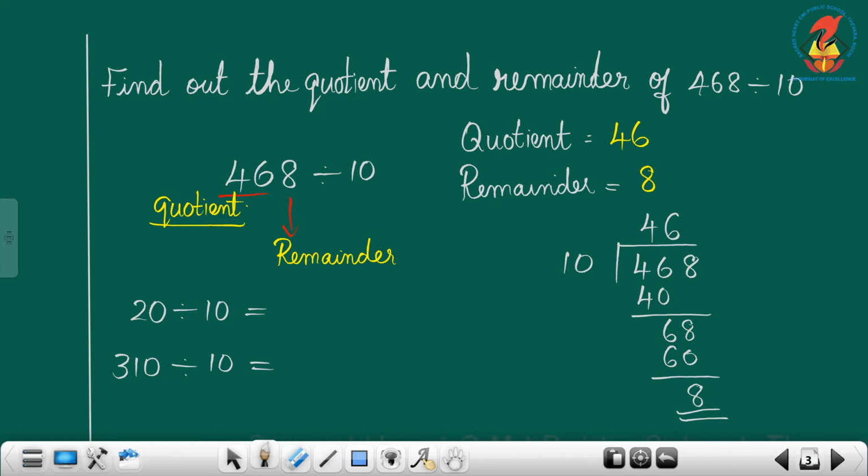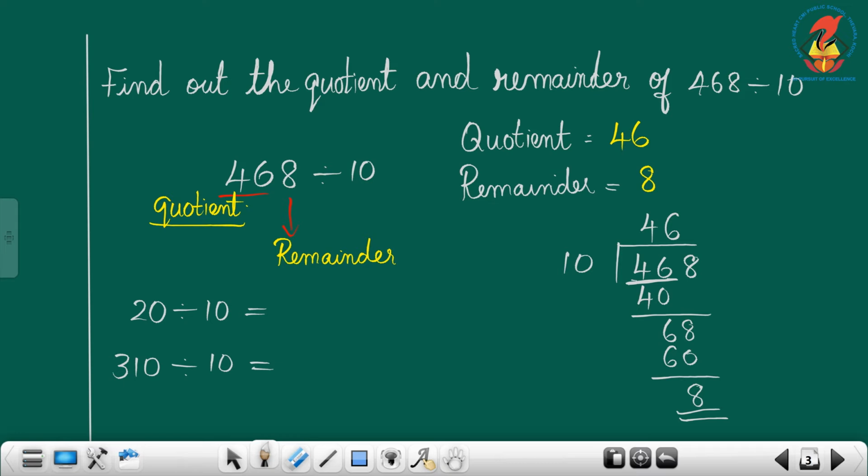So, when we are analyzing this 468 divided by 10, the ones place number is going to the remainder, and the remaining digits are the quotient. Clear? Here what is the quotient and what is the remainder?